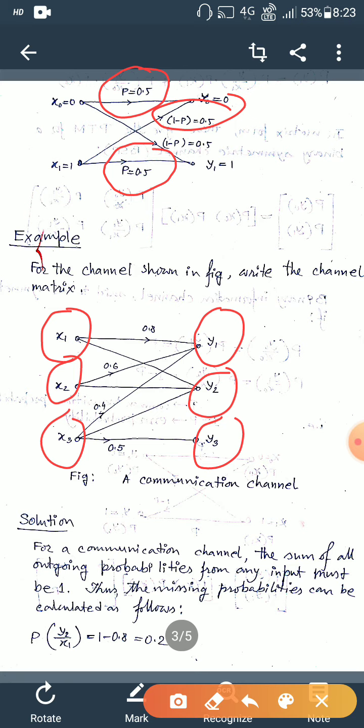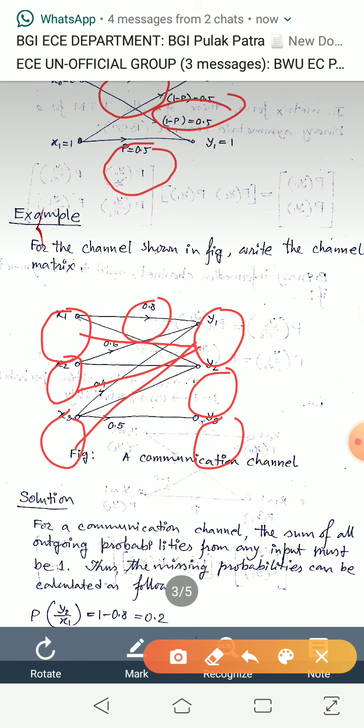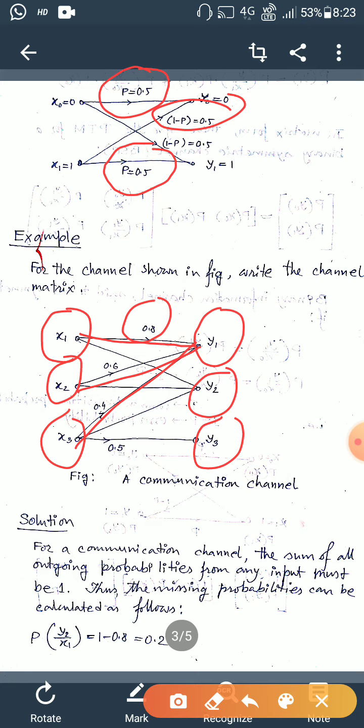By using this arrowhead you can also identify y1 as the result of the x1 input, x2 input and x3 input. The individual transition probabilities are p of y1 given x1, which is 0.8, p of y1 given x2, which is 0.6, and p of y1 given x3, which is defined as 0.4. I think it is easy to understand.